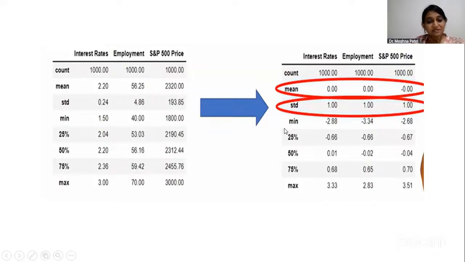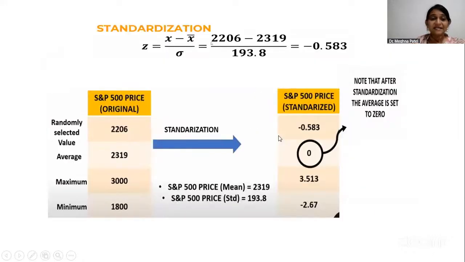So how to do the scaling? Standardization using this equation. We can put in the values. These are the 4 random values we are taking. 2206 minus x bar, where x bar is nothing but the mean, that is 2319, divided by the standard deviation, 193.8, given here. Using that you can convert your 2206 into minus 0.58, which comes into the 0 to 1 range.